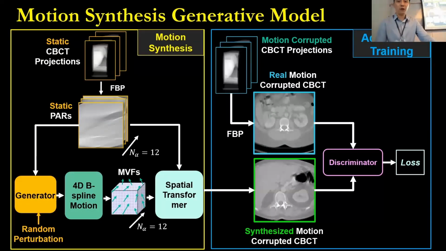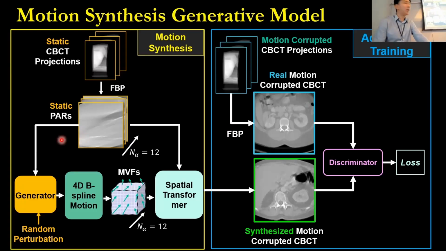Here is an overview of our network, and it has two parts, the motion synthesis part and the adversarial training. Let me start from the left part, the motion synthesis. Here, static cone beam CT projections are divided into a set of consecutive projection views, and these projection views are reconstructed into partial angle reconstructions, which is the concept you just heard about, using FBP.